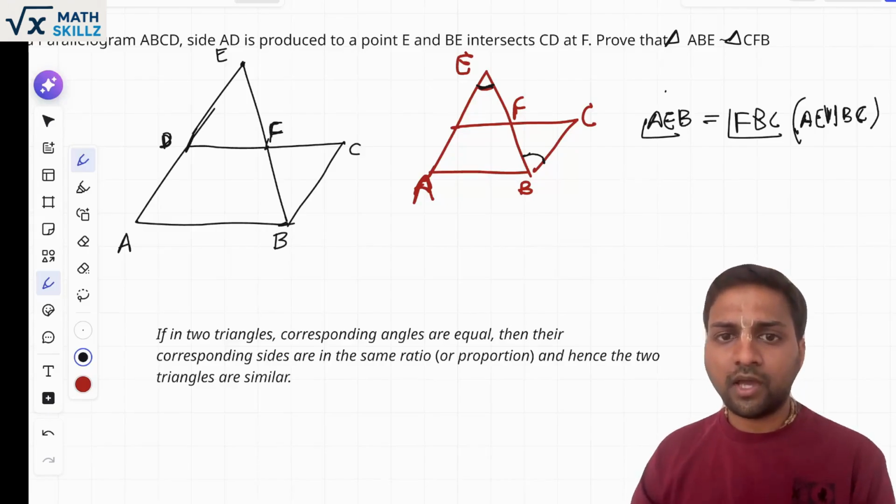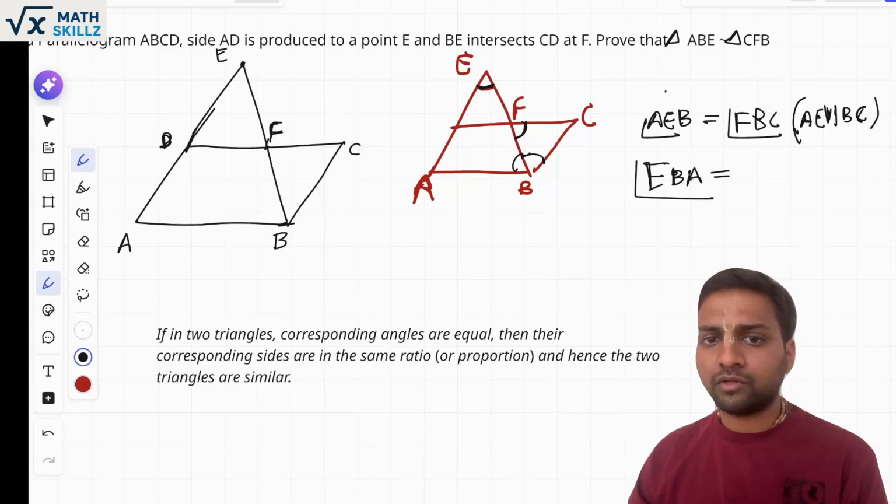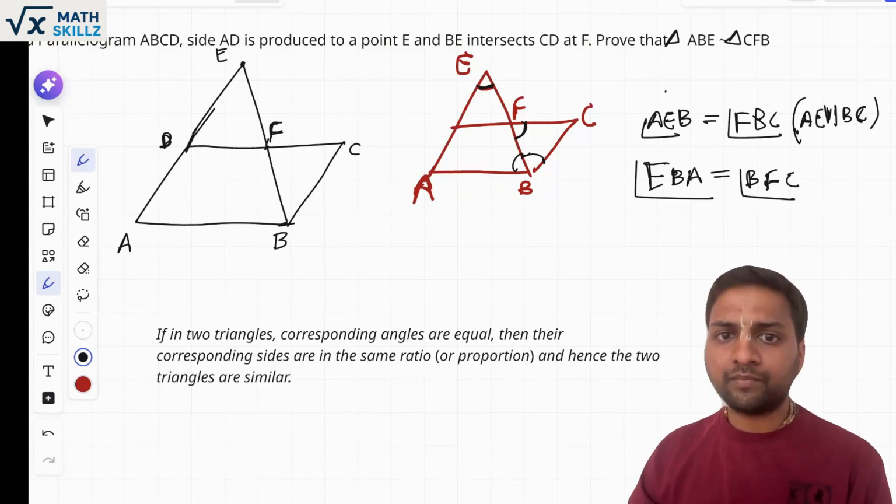Next we have angle EBA, which is equal to angle BFC.